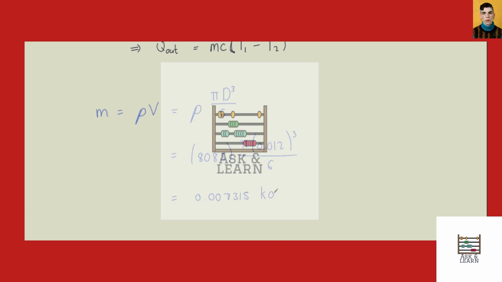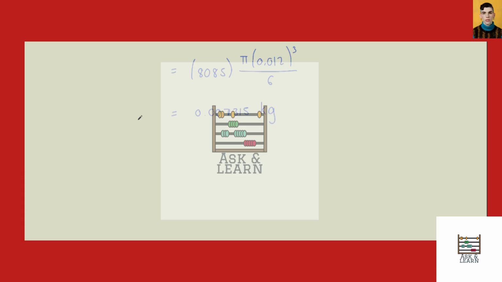0.007315 kg. Now, using the mass, we can put this into our energy balance equation, and we get the heat transfer out of a single ball bearing to be m c (T1 minus T2), and now we have these values. So this is 0.007315 kg times the specific heat of 0.48 kilojoules per kg degree Celsius times a change in temperature.